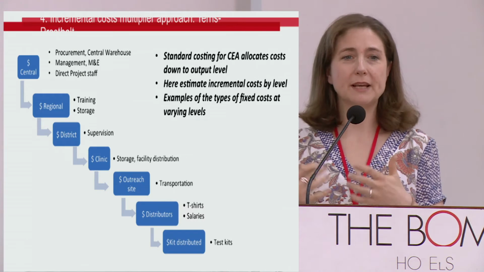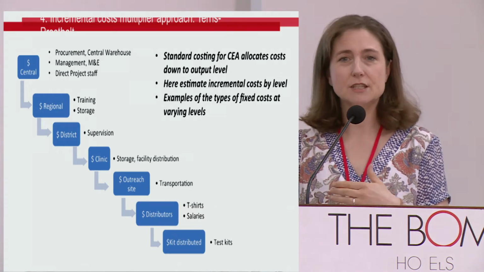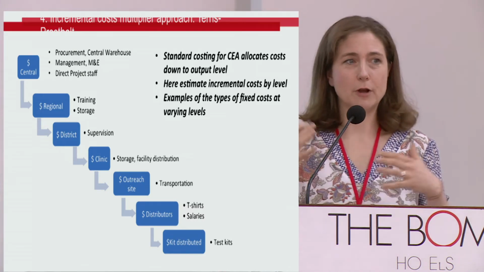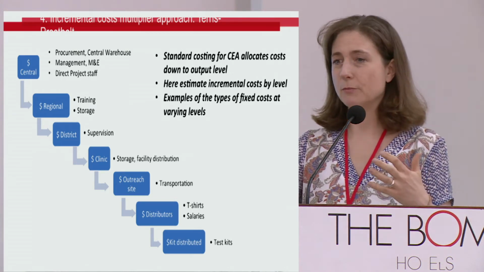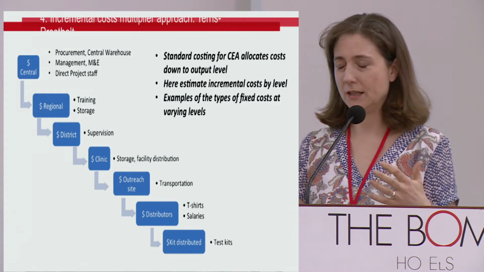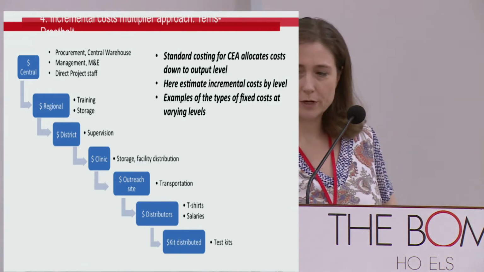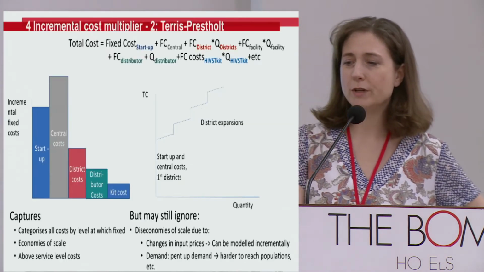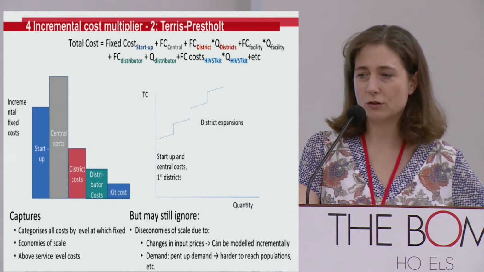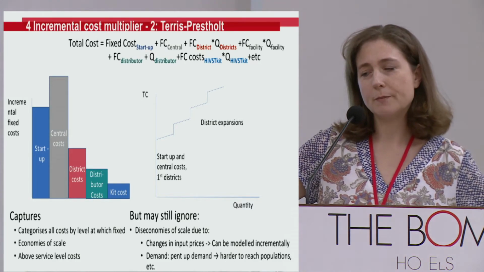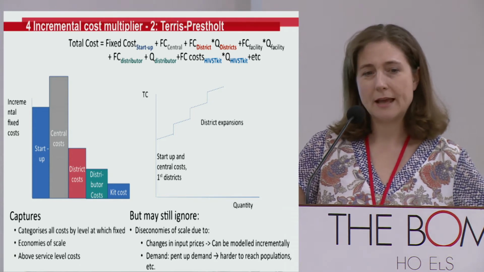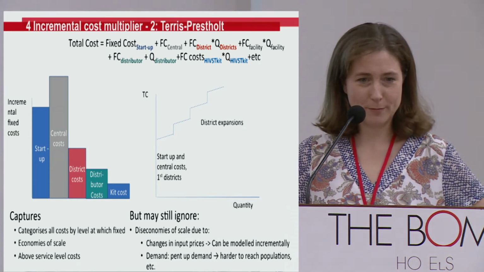But for multiplying that up, that doesn't quite work, because as you scale up from 3 districts to 20, you'll have different multipliers for each of these level costs. So what we're going to do is estimate total costs, but identify at each level what the fixed costs are, and how much you need to multiply them by.